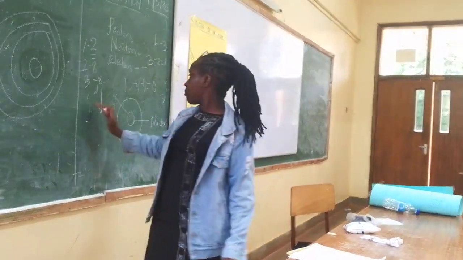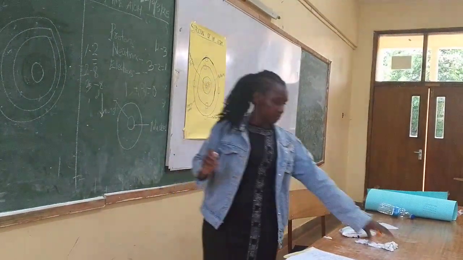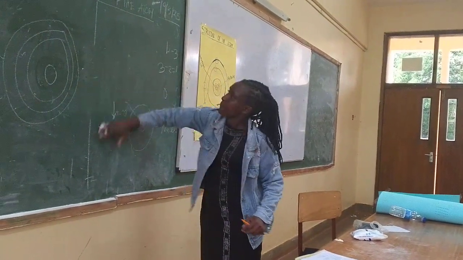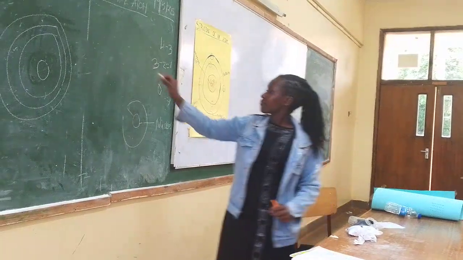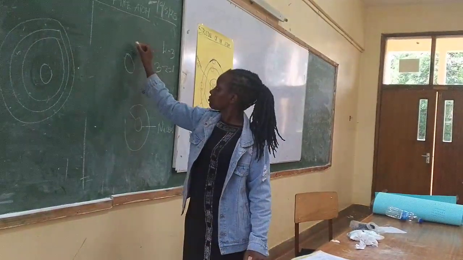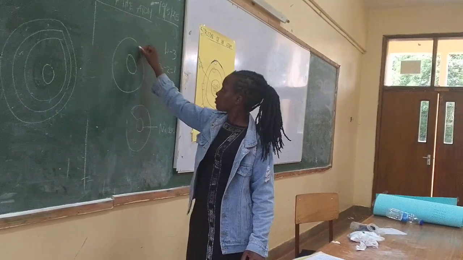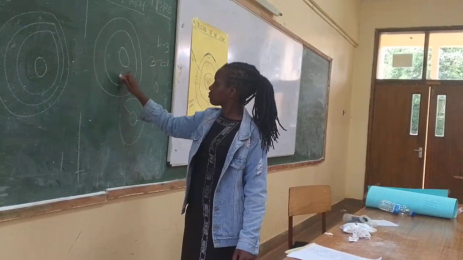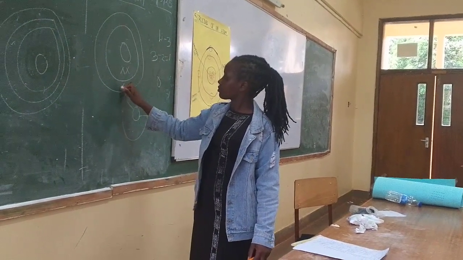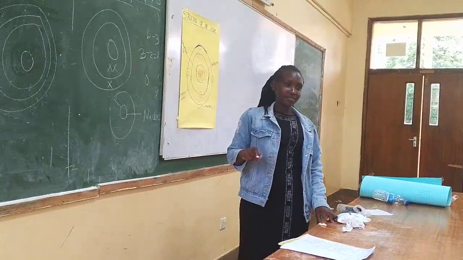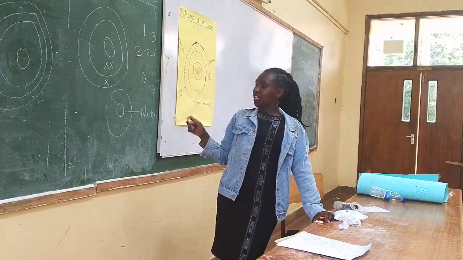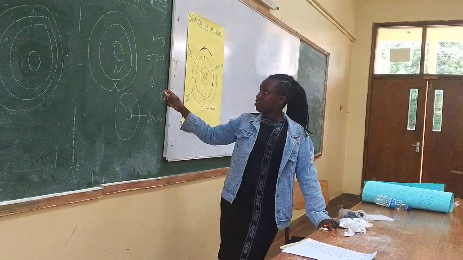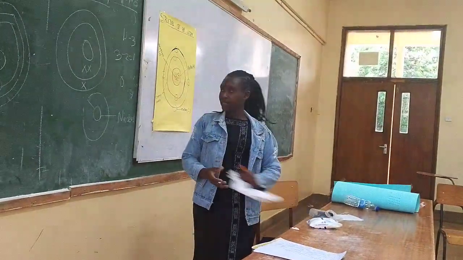So you come and draw it like this. And the representation of electrons, you can use a cross or a dot. In a dot, you can draw it this way.